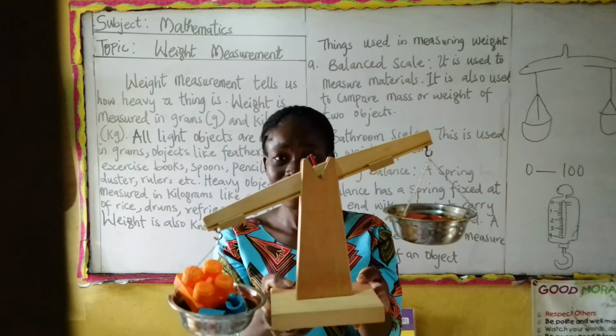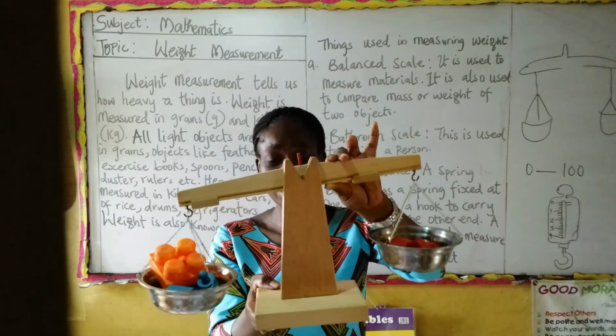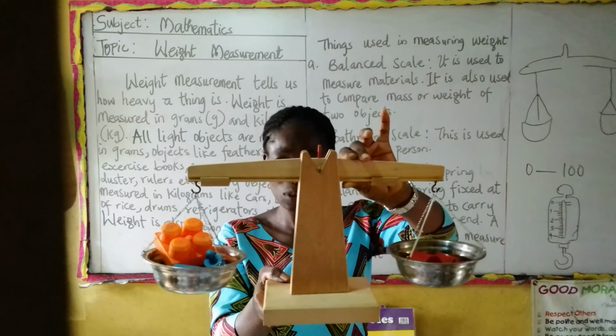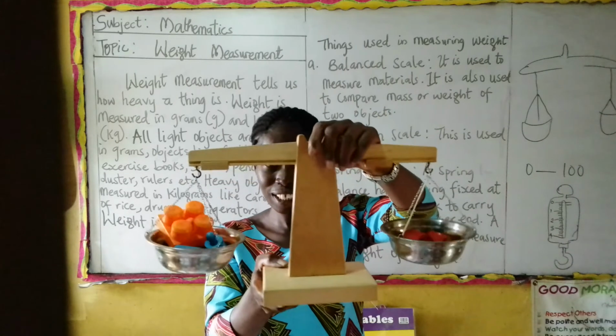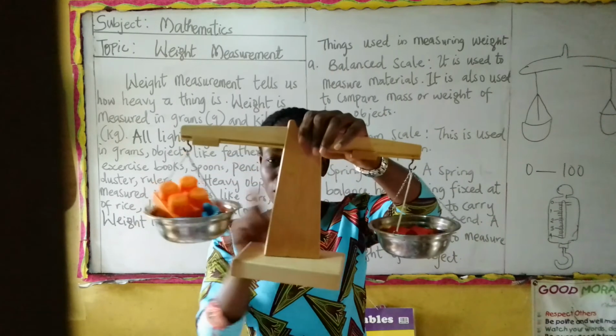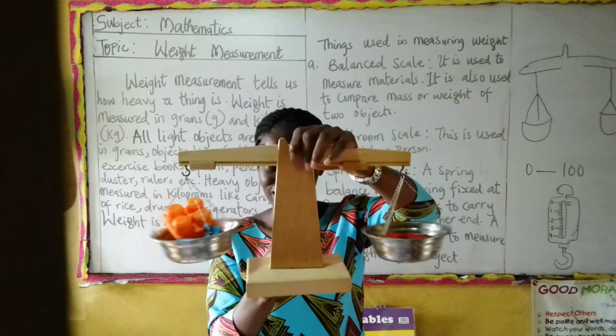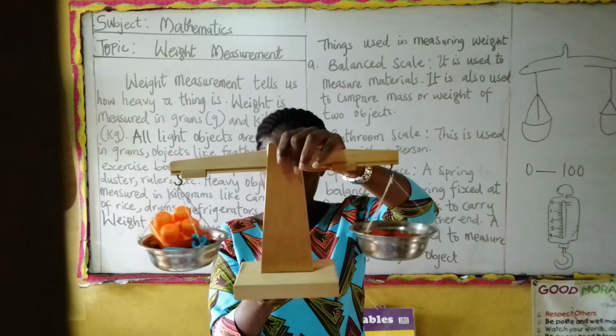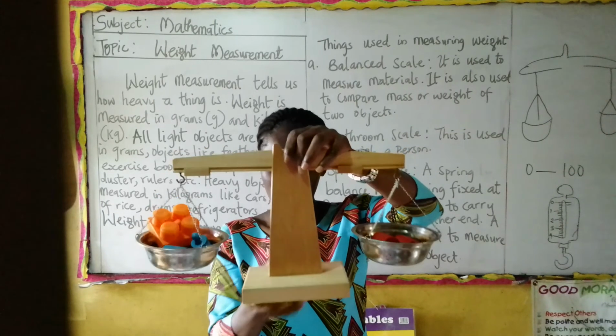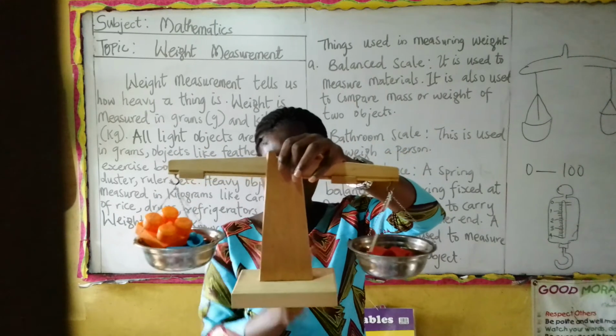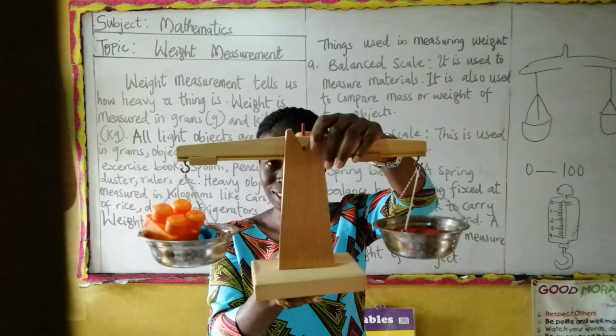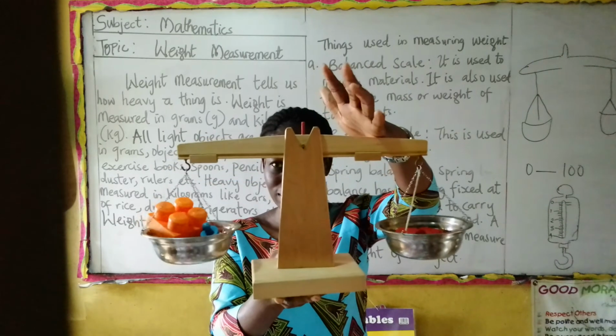A balanced scale is level when both containers are carrying the same weight or mass. Do you get? If this one is heavy and this one is heavy, you find out that the balance scale will be like this.